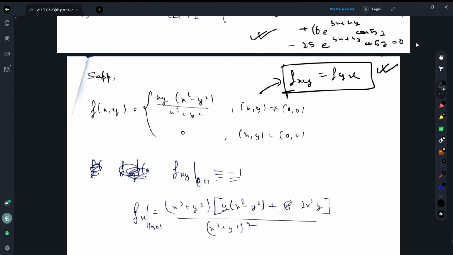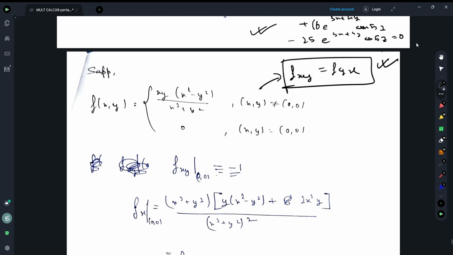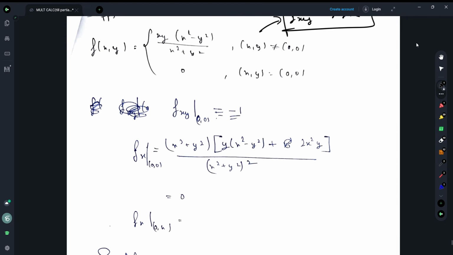So what is fx here? We will use the first principle. It will make the problem a bit easier. Using first principle, f of x at 0 comma 0 equals limit h tends to 0 of f of 0 plus h comma 0 minus f of 0 comma 0 over h.